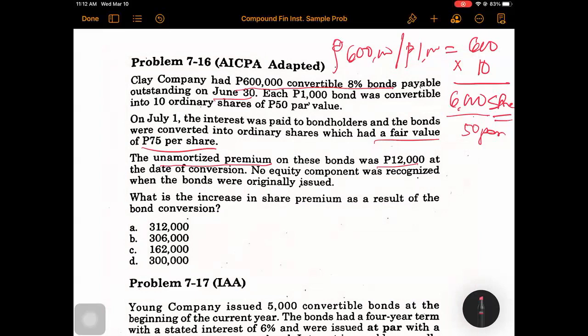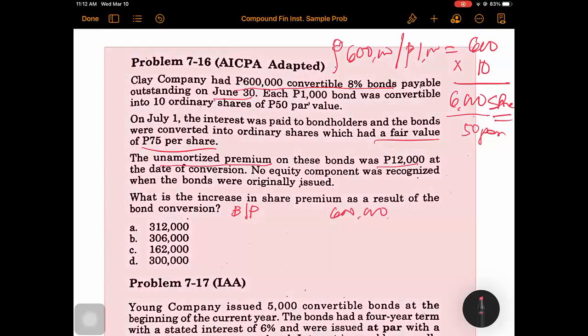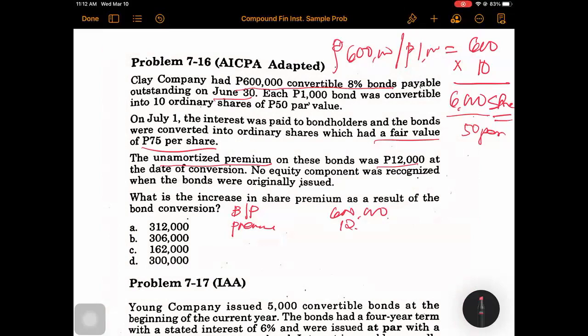So, what is the increase in share premium as a result of the bond conversion? So, atong buhaton ani, we need first to compute the total consideration. Di ba? So, pila ang total consideration nato? So, you have the bonds payable of 600,000. Tapos, you have the unamortized premium of 12,000. Therefore, wala tayo conversion privilege, di ba?